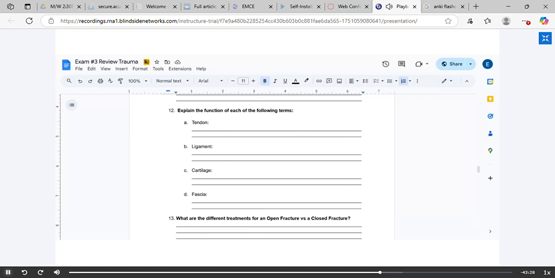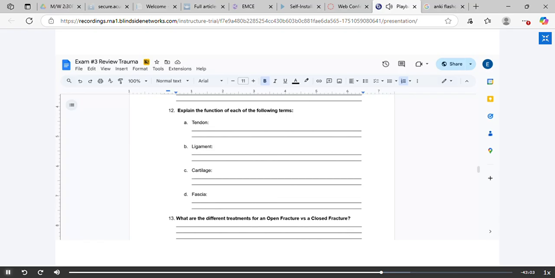So your tendon is a fibrous connective tissue that attaches muscle to bone. Okay, so this is what attaches basically your skeletal muscle to the bones, right? And so when you move your joints and all that kind of stuff, it's attached to your skeleton.